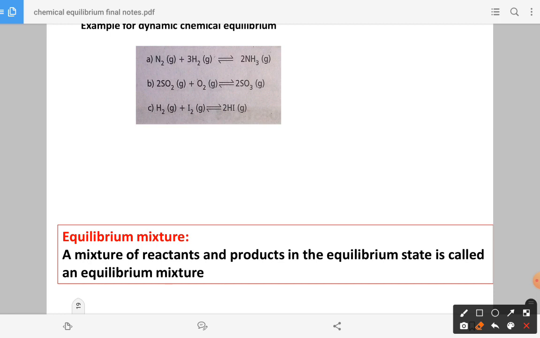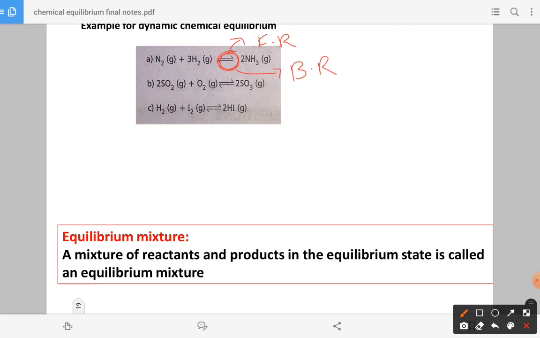One should remember that equilibrium has to be mentioned with a double-headed arrow. This arrow indicates the forward reaction, where 1 mole of N2 and 3 moles of H2 give 2 moles of NH3. This arrow indicates the backward reaction, where 2 moles of ammonia decompose to N2 plus 3H2. So this indicates the reaction is at equilibrium.